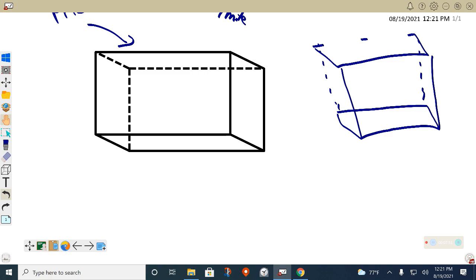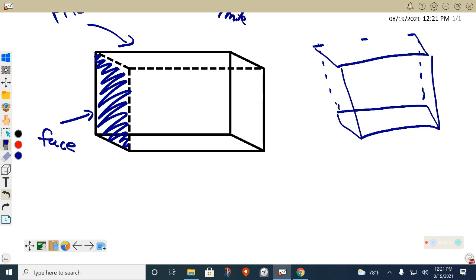Go ahead and shade in one of the faces, one of the sides of the prism. Shade in that. So I have this prism in my hand. Go ahead and put an arrow there and write face. How many faces make up this prism? 6. There's 6 faces, huh?